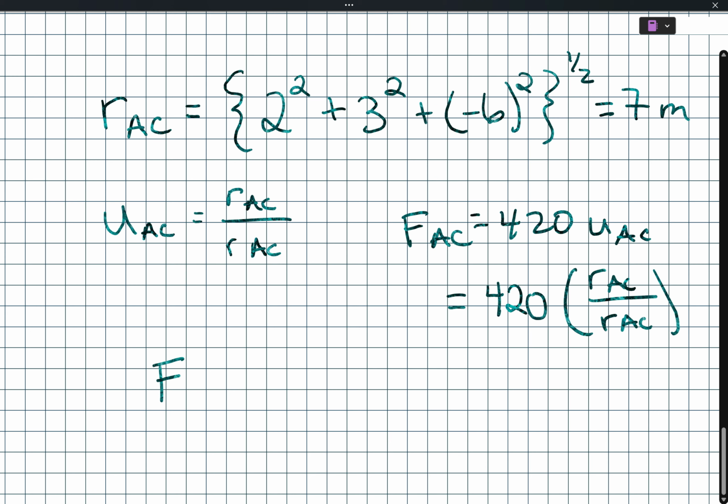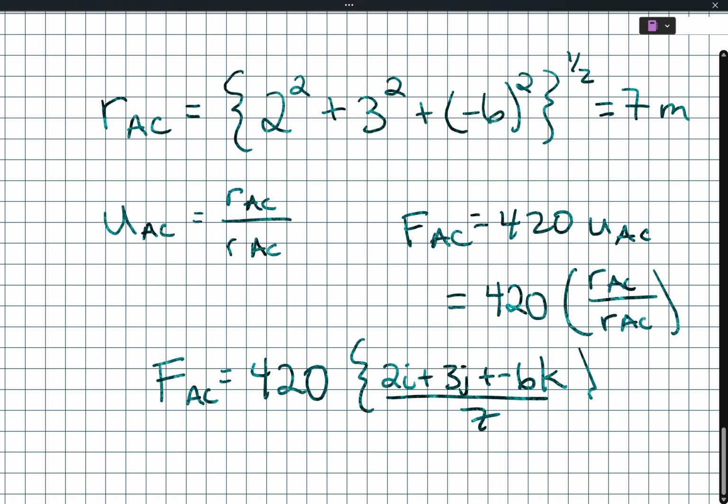Therefore F sub AC is going to be 420, and then we'll take the 2i plus 3j minus 6k, sorry, I should have written -6k instead of plus, but it's fine, and that's over 7.